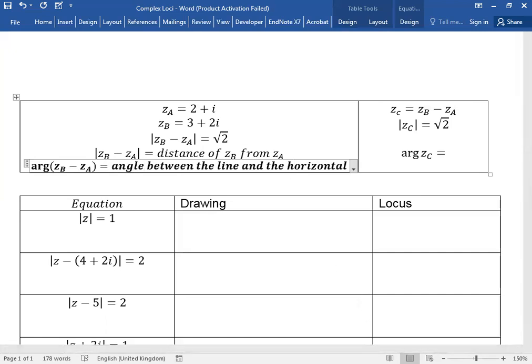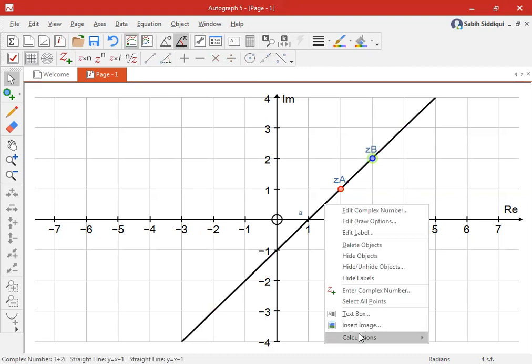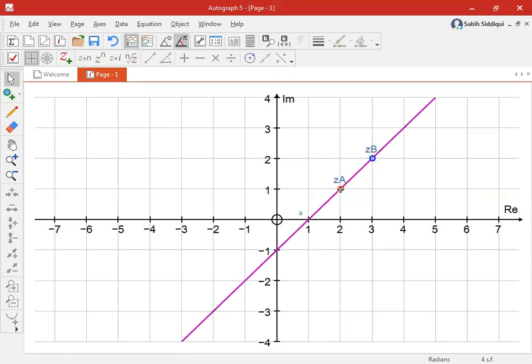Is this clear, class? So if I make a horizontal line over here and calculate the angle that this line is making with the horizontal, this is the argument of ZB minus ZA.